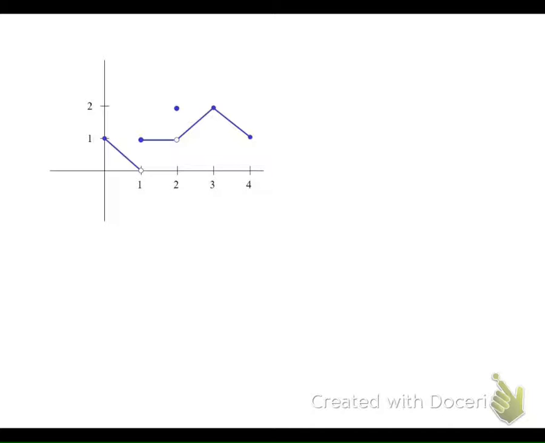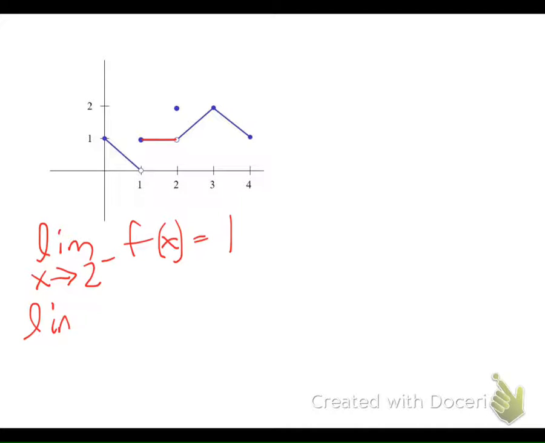Okay, how about at an x of 2? When x is 2, the limit as x approaches 2 from the left is 1. The limit as x approaches 2 from the right is 1.